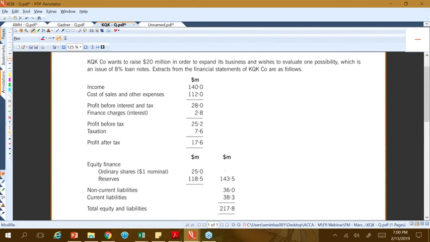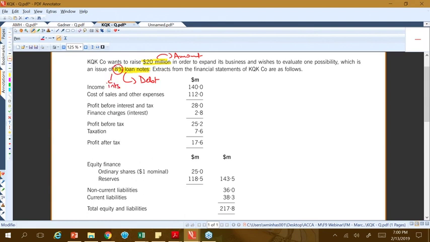So KQK wants to raise $20 million in order to expand the business. This is the amount they want to raise, 20 million, and they wish to evaluate one possibility, which is an issue of 8% loan notes. That is the debt they are planning to raise, and 8% here is the interest.